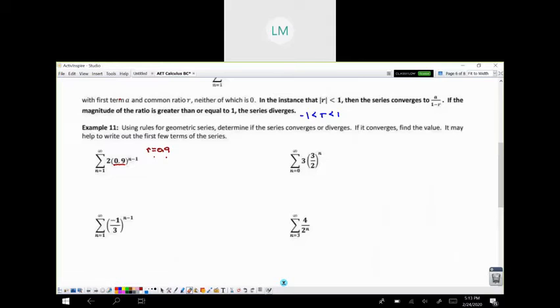I'll do that in a different color. So the absolute value of r is less than 1. So therefore, the series converges by the geometric series test.